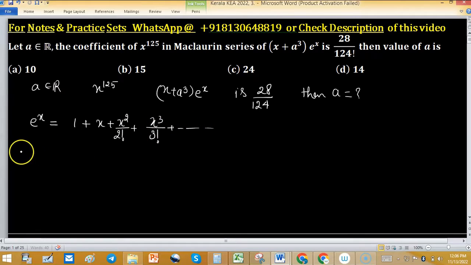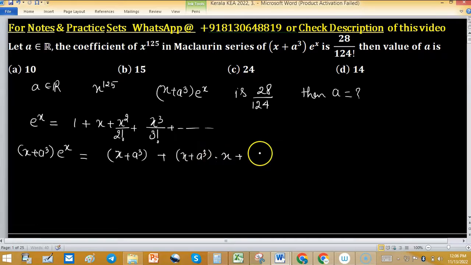If we multiply this with x plus a cube, we have x plus a cube, plus (x plus a cube) into x plus (x plus a cube) into x square upon factorial 2, and so on.